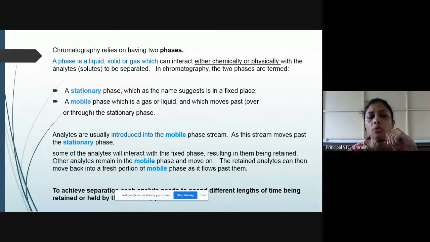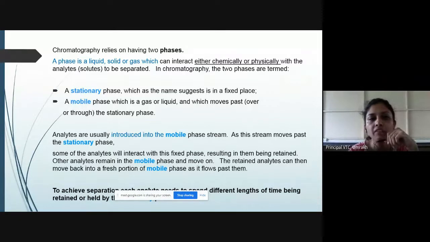The two phases used in chromatography are termed the stationary phase and the mobile phase. As the name suggests, stationary means it stays in a fixed place, so we call it the stationary phase, while the mobile phase is a liquid or gas which moves over or through the stationary phase.